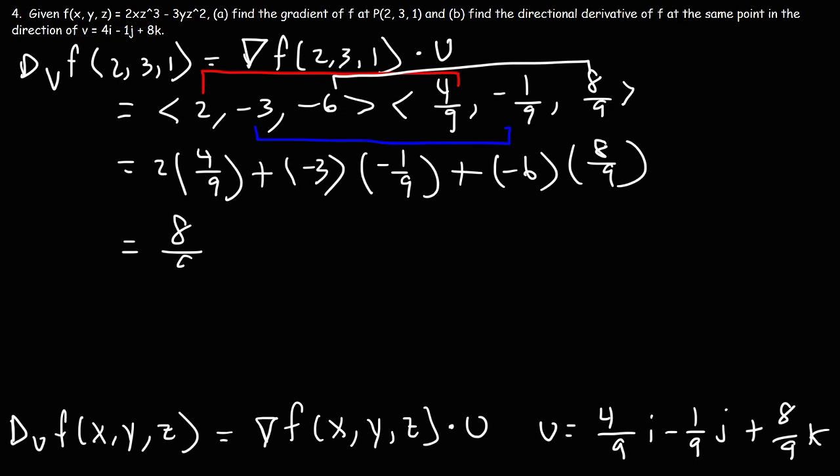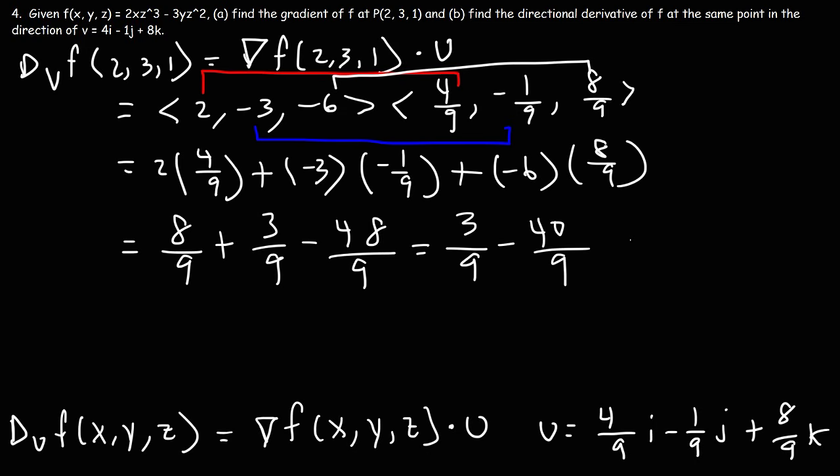So this is going to be 8 over 9 plus 3 over 9 minus 48 over 9. 8 minus 48 is negative 40. So we have 3 over 9 minus 40 over 9, which gives us negative 37 over 9. So this right here is the answer. So that is the value of the directional derivative at the point 2, 3, 1 when the directional derivative is in the same direction as this vector v.